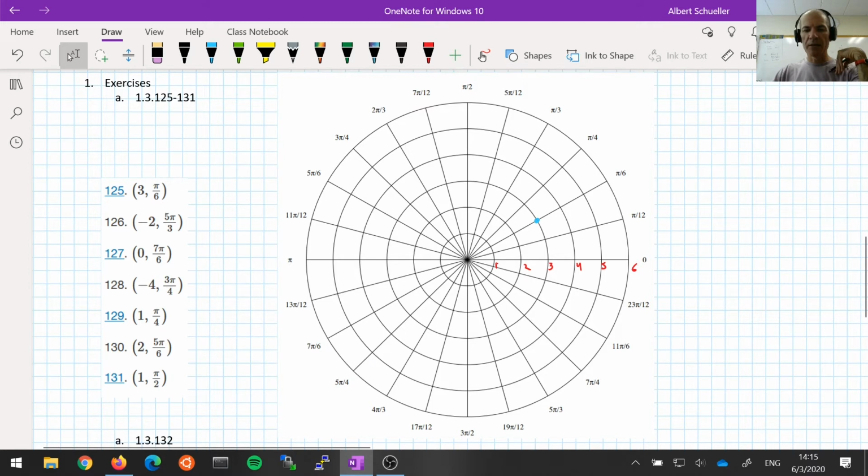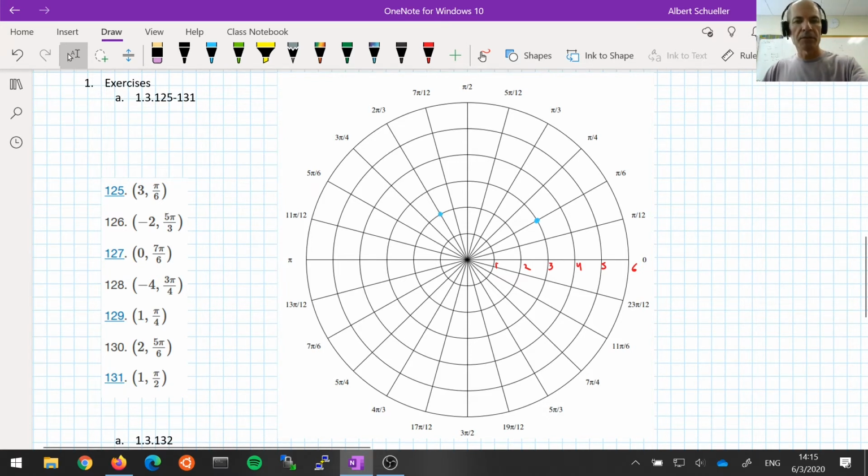Let's do problem 126 really briefly. Let's find 5 pi over 3. 5 pi over 3 is down here along this ray. This one's a little tricky because r is negative. So you're asked to move out along this direction, but a distance of negative r. And what that really means is just go in the opposite direction, 2 units in the opposite direction.